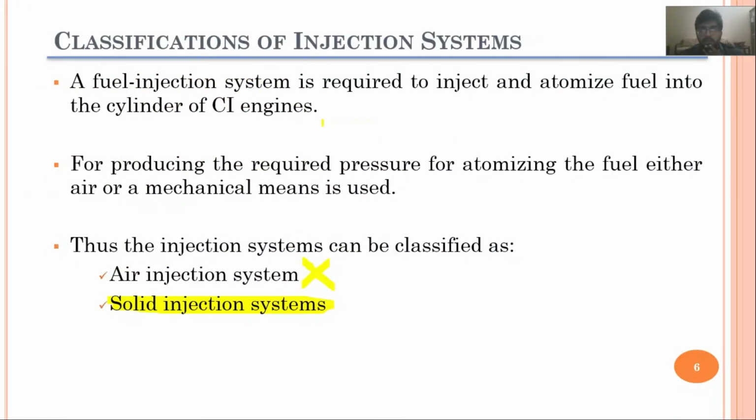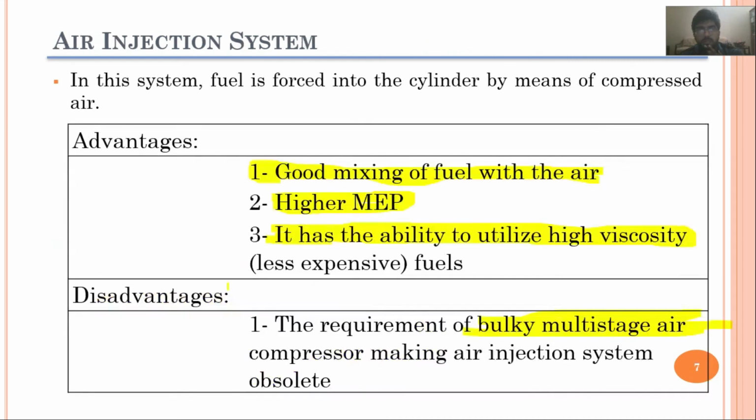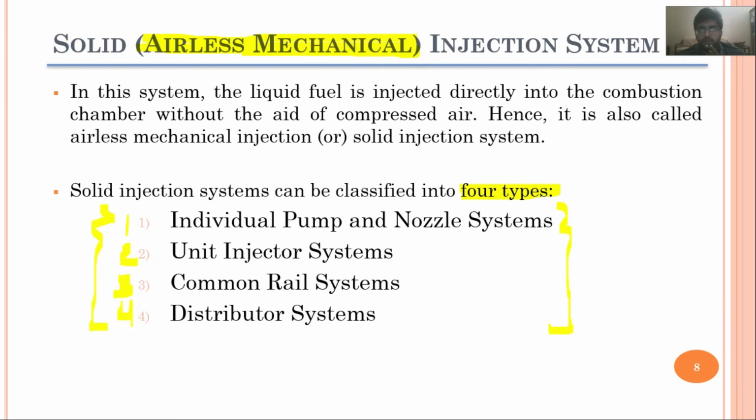Then we discussed the classifications of injection systems, and I explained that air injection systems are obsolete and only solid injection systems are most commonly used. Then we briefly discussed the air injection system. Before moving towards the solid injection system, I explained how these solid injection systems operate and why they are called airless mechanical systems.